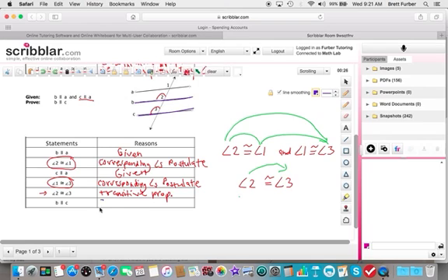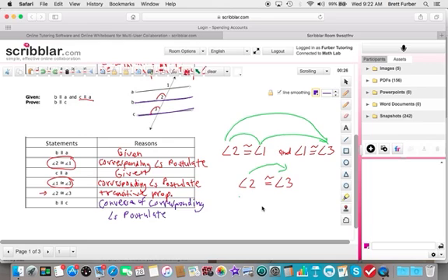That would be the converse of the corresponding angles postulate. You can use that purple sheet to help you. That purple sheet tells you what the converses are.